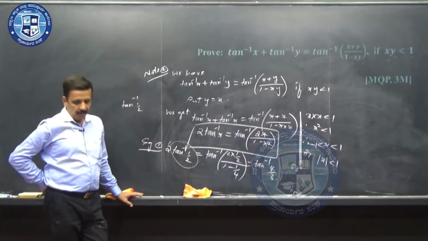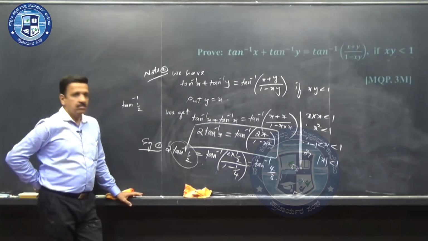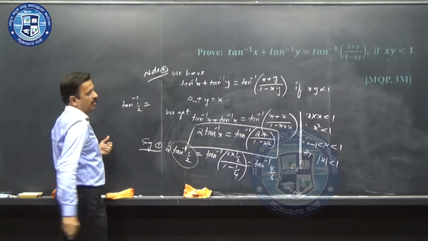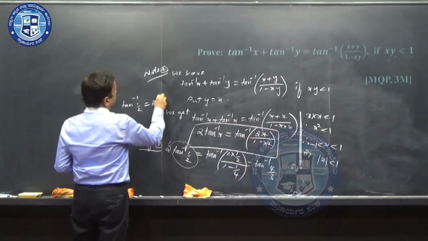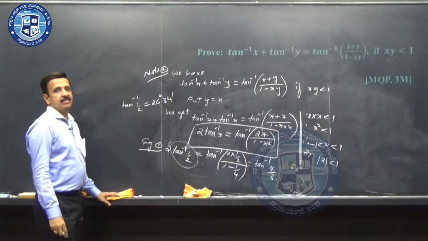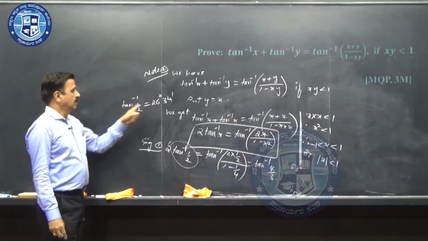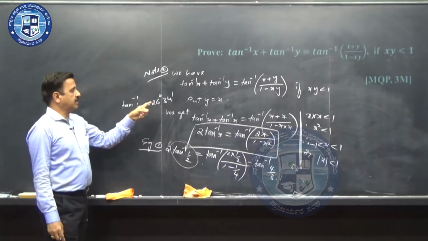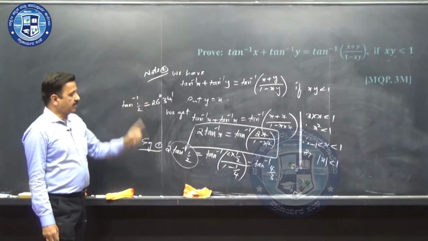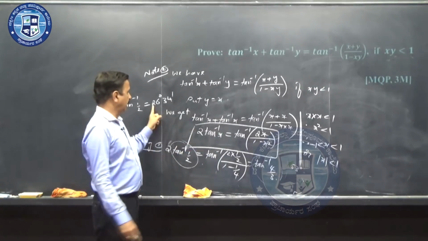When you work out some of the problems, then the tan inverse half you will come across very frequently. Tan inverse 0.5 is exactly 26 degree 34 minutes, and 2 times that comes to 52 degree and then 68 minutes, means 53 degree 8 minutes you are getting. See, 53 degree 8 minutes.